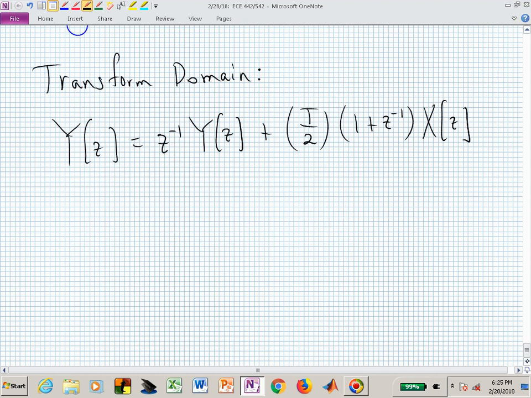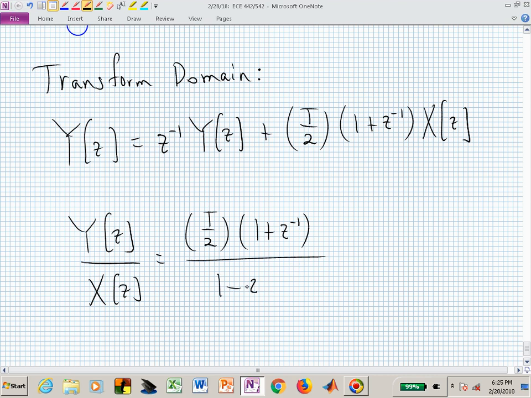If we now solve this for our transfer function, we end up with that. Or if we multiply by z over z, or multiply by 1, we now have a z plus 1 over z minus 1.